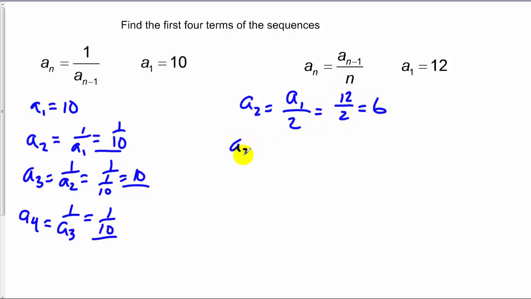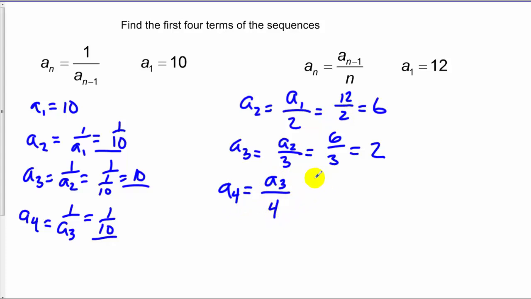To get my third term, I'm going to take my previous term, which is my second term, over, now in this case the n value goes to 3 because that's my subscript. So I've got 6 over 3, which is 2. To get my fourth term, I use my previous term, which is my third term, over, notice my n value is now 4. And my third term was 2 over 4 is equal to 1/2.